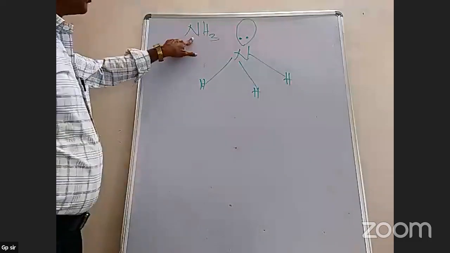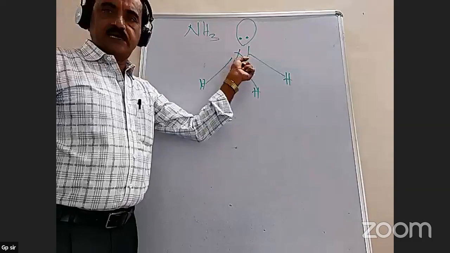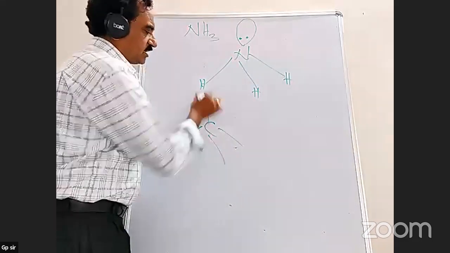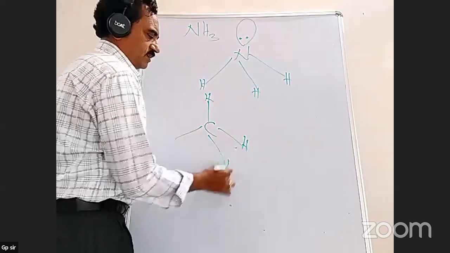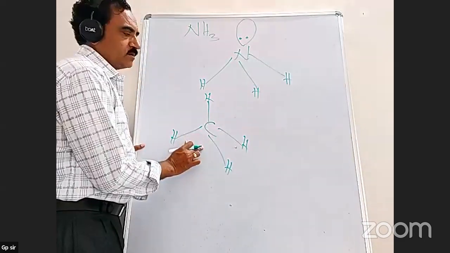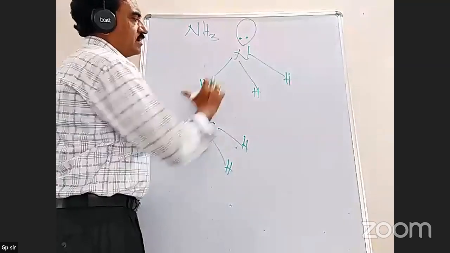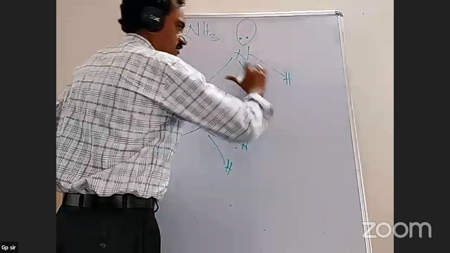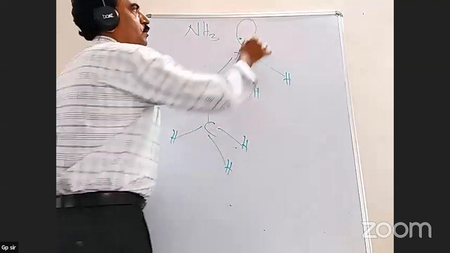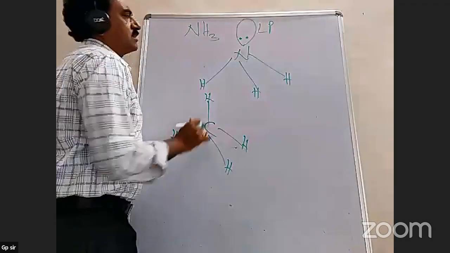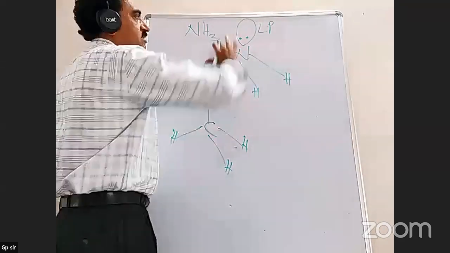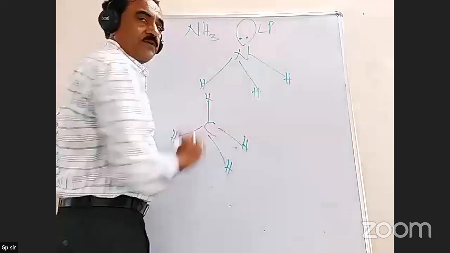Actually, nitrogen in ammonia is sp3 hybridized, just like in methane, where the bond angle is 109.5 degrees. Similarly, there are three bonds between nitrogen and hydrogen, and one of the orbitals contains the lone pair of electrons. As you know, the lone pair occupies more space than a bond pair, and there is repulsion between the lone pair and the bond pairs of electrons.